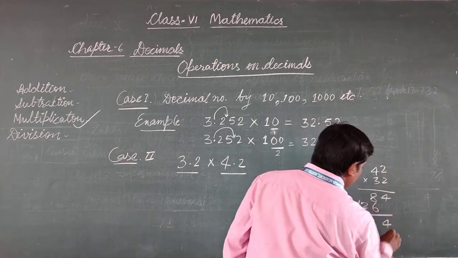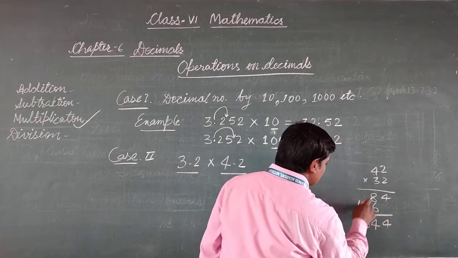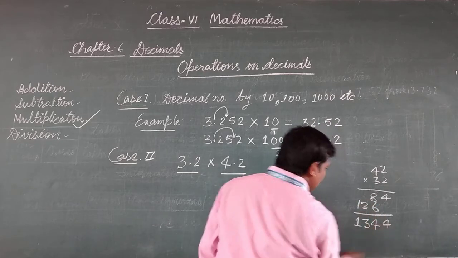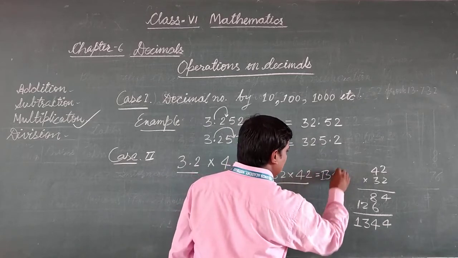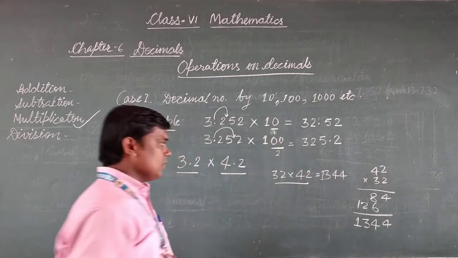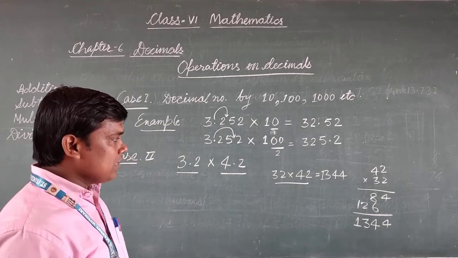Then it will be 4, 8 plus 6 is 14, carry 1, then 3 and 1 is 4. Means our product is 1344.